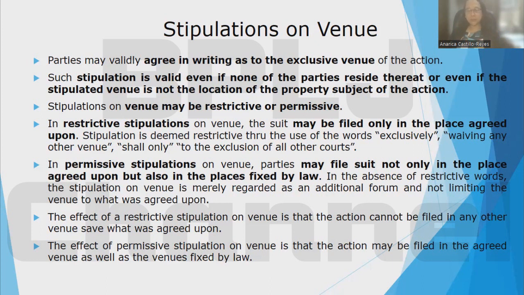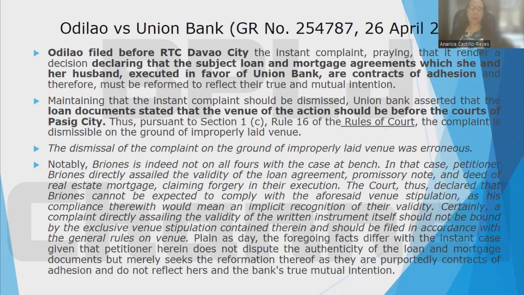Okay, in the absence of restrictive words, the stipulation on venue is merely regarded as an additional forum and not limiting the venue to what was agreed upon. Okay, the effect of a restrictive stipulation is that the action cannot be filed in any other venue, save what was agreed upon. The effect of permissive stipulation is that the action may be filed in the agreed venue as well as the venues fixed by law.